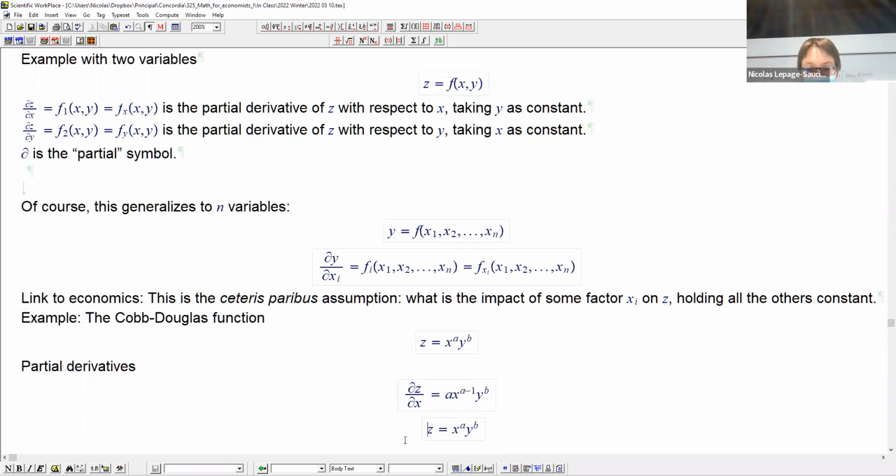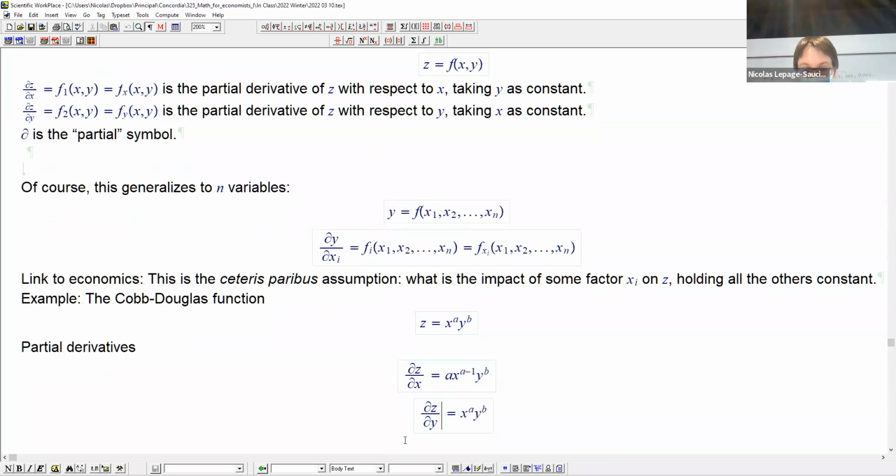Same thing for the other, the derivative with respect to y. So what do I get? Same thing.